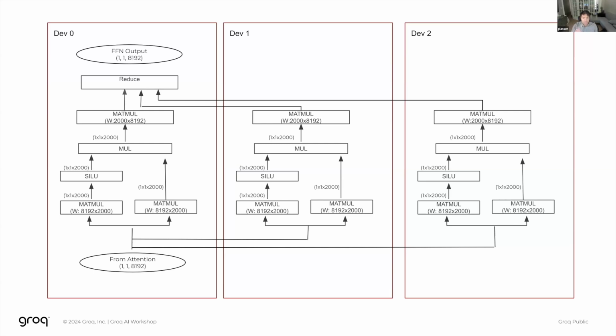And so each one of these is doing a third of the compute from the original. And at the end, we have a reduce that will reduce the final outputs of the 3 matmuls from device 0, device 1, and device 2. And so device 1 and device 2, the matmuls there will send that data over to device 0, and that will be reduced together for the final output.